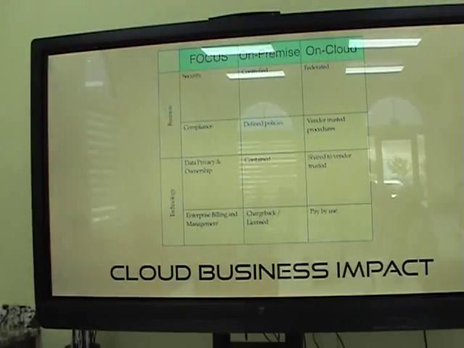Very simple, right? So, what is the focus? If you look at simple security itself, who controls on-premise? You control it. When you go to cloud, it's federated. Compliance is still ours: you define the policies, you control the policies. Now on the other side you see trust. It repeats.